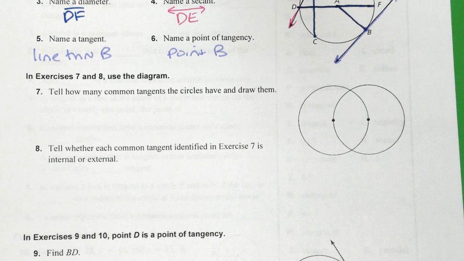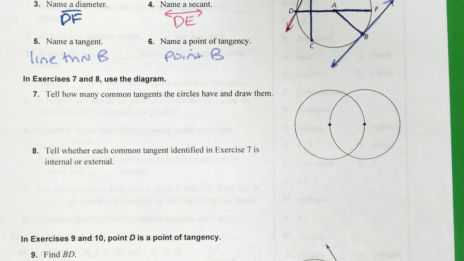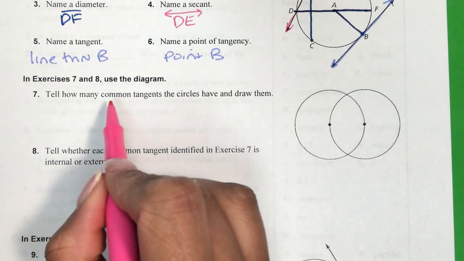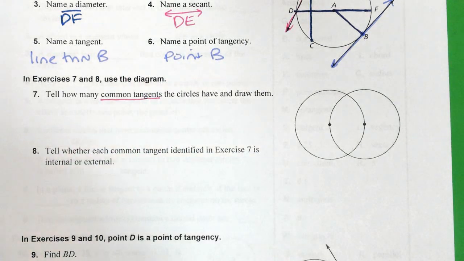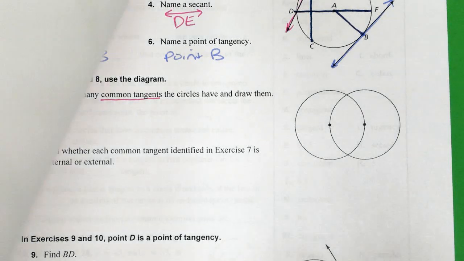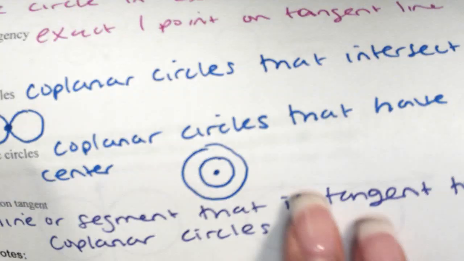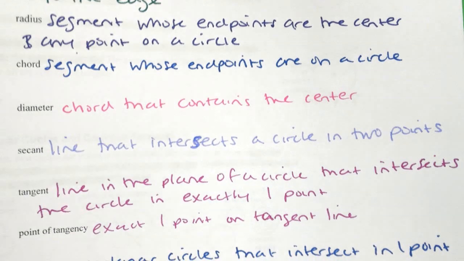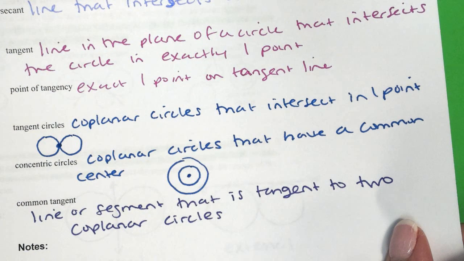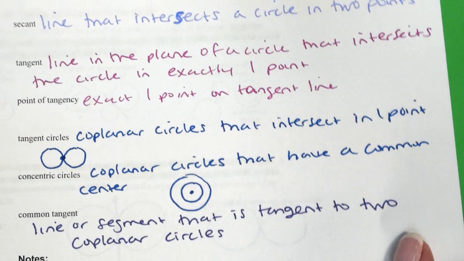So now let's go on to coplanar circles. It says tell how many common tangents the circles have and draw them. So in this case, remember, tangents kind of lay on them, and then they have to share common tangents. So if we were to go back to our definitions, a common tangent is a line or a segment that is tangent to two coplanar circles.